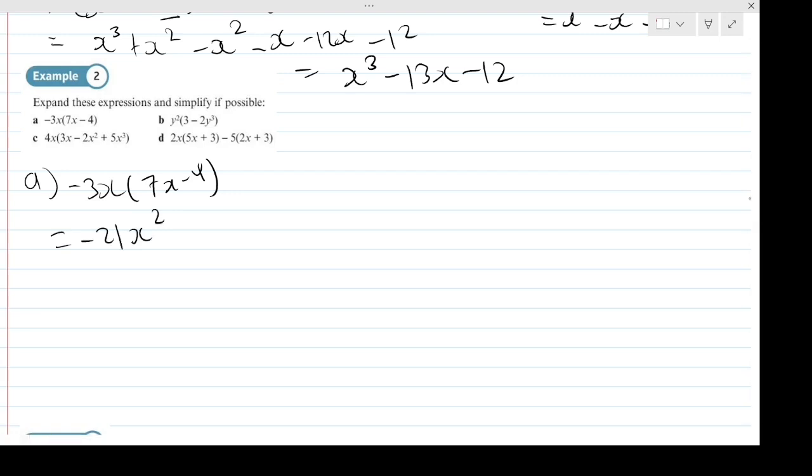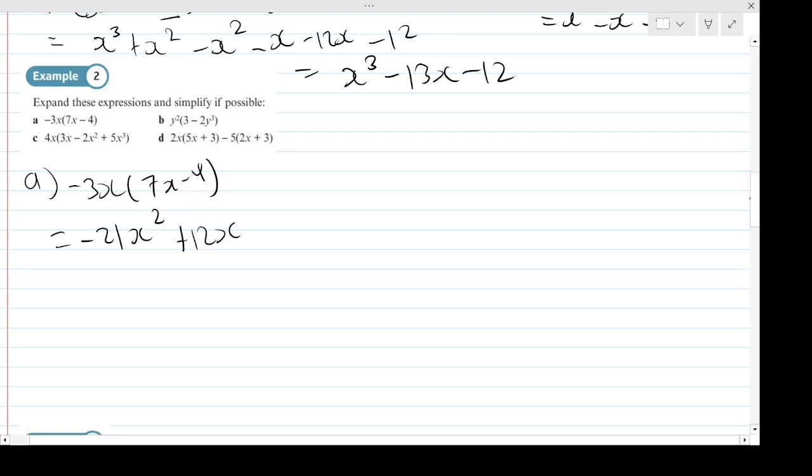Okay, so think about that. Minus 3x times 7x. You times the numbers together, the physical number, the constant. So minus 3 times 7 is minus 21. Then x times x is x squared. Okay. Then with the other term, the minus 4, minus 3x times minus 4 will be positive 12x.